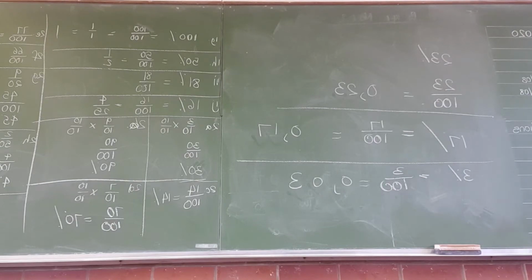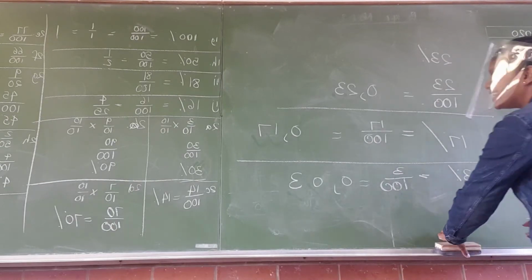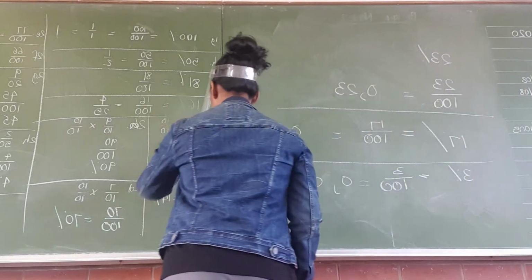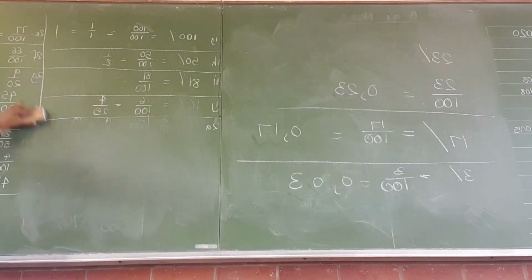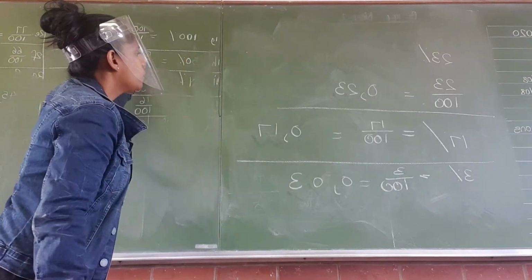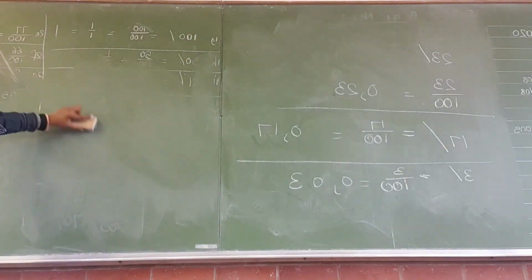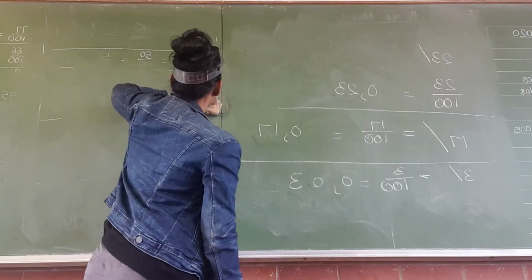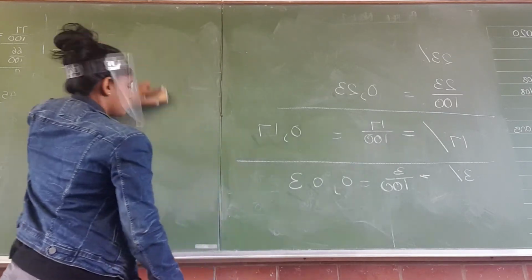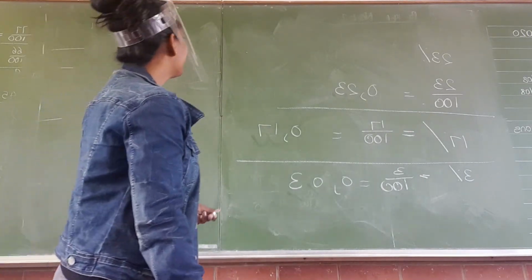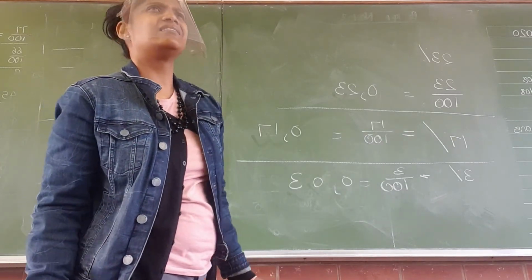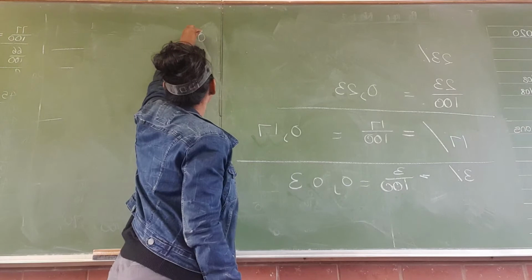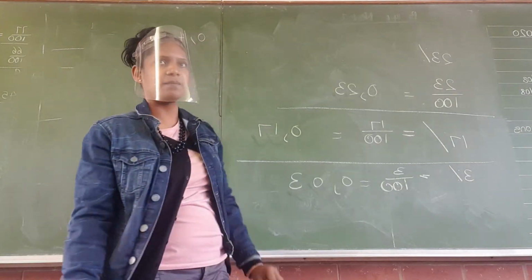Now they give us the decimal. And what do they want us to do with the decimal? Convert it to a percentage. So we must go decimal, then we must go common fraction, then we can go to a percentage. Let me take a decimal like 0,4.